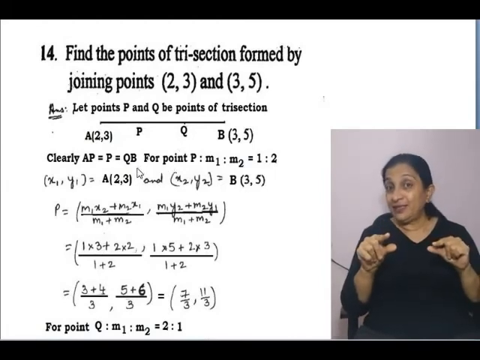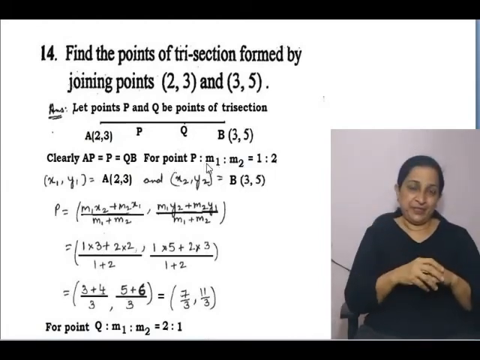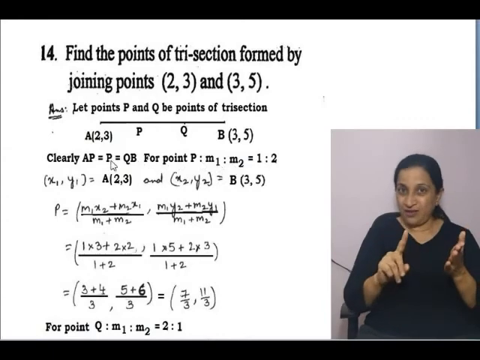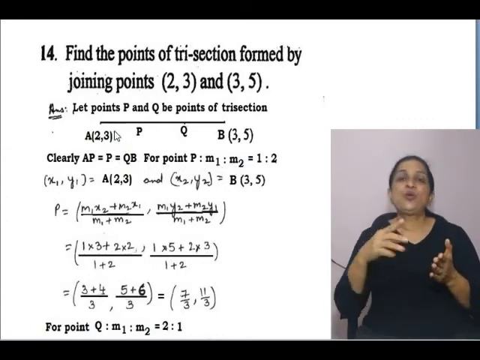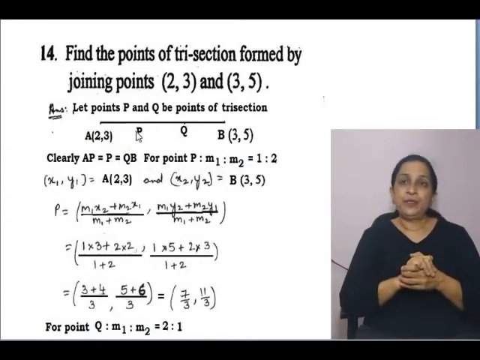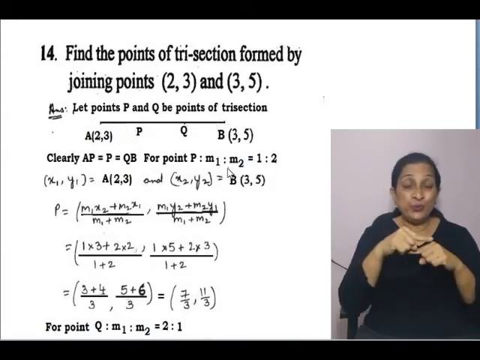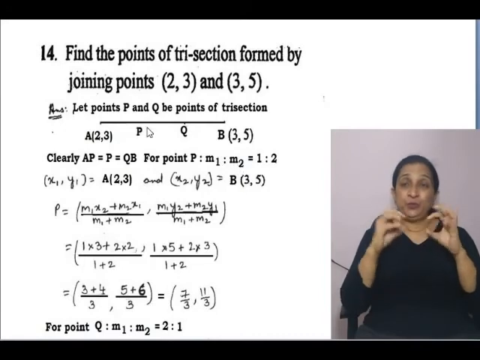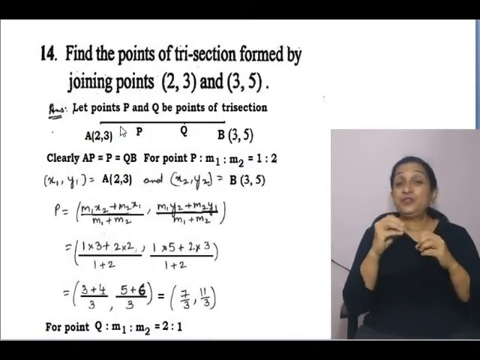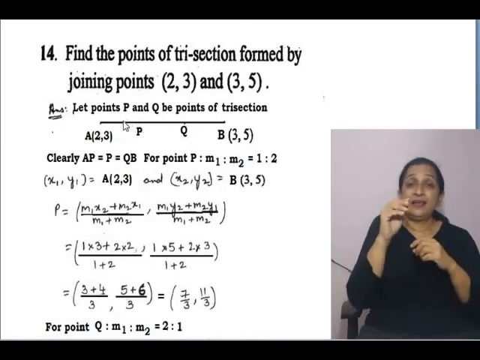Now remember, first you have to find the ratio of m1 to m2. If you see here, AP is equal to QB. Now m1 is to m2, because these are in the proportion of 1 is to 2, right?